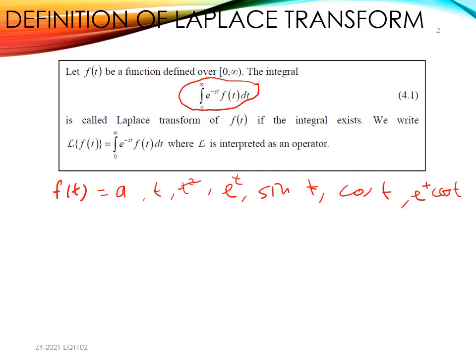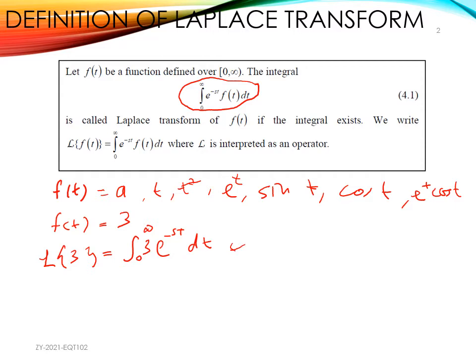For example, if you want to find the Laplace transform of f(t) equals 3, the Laplace of 3 is equal to the integration from 0 to infinity of e to the negative st times 3 dt. You will solve this.